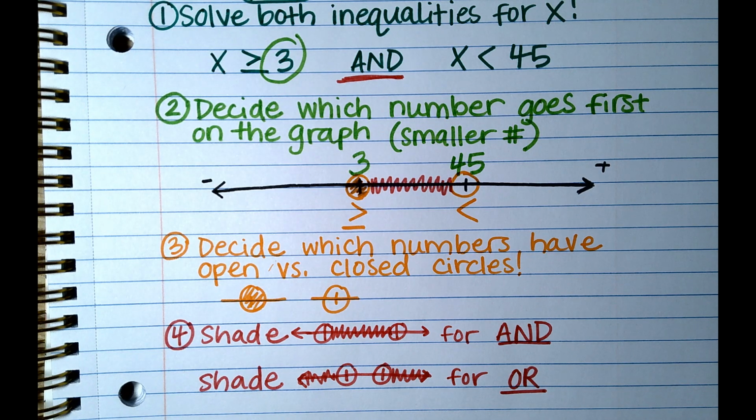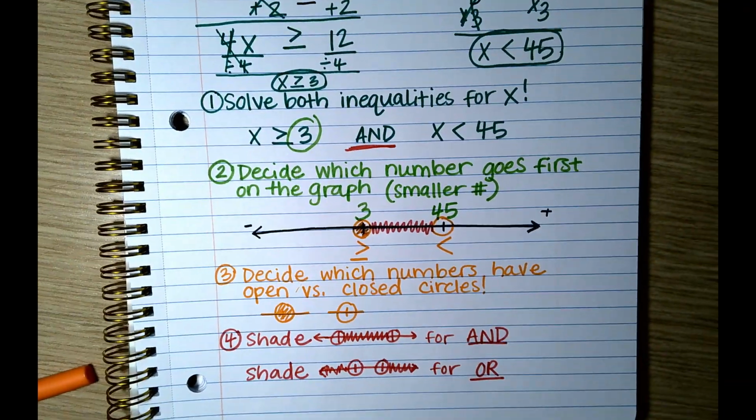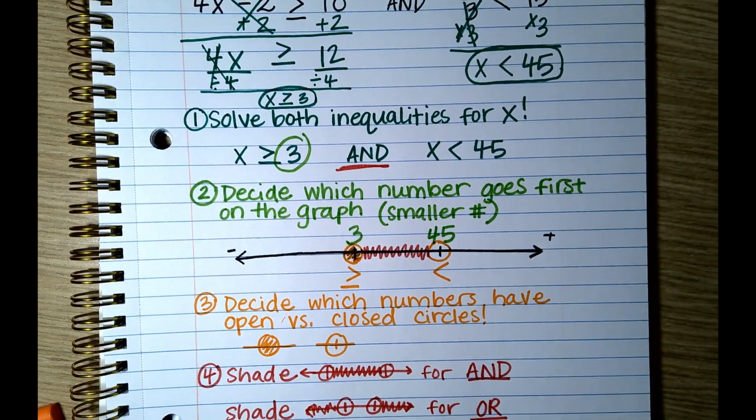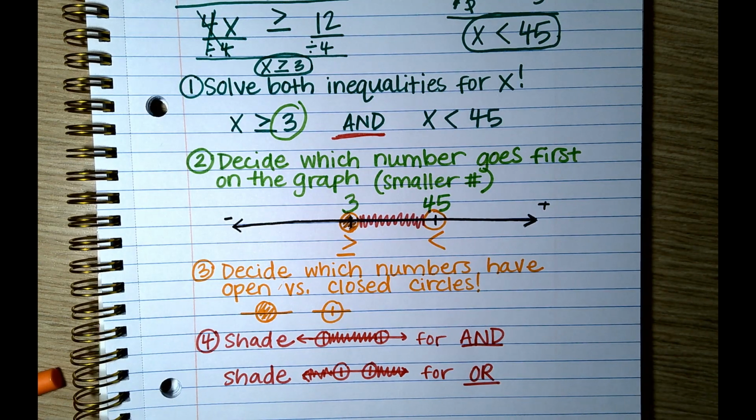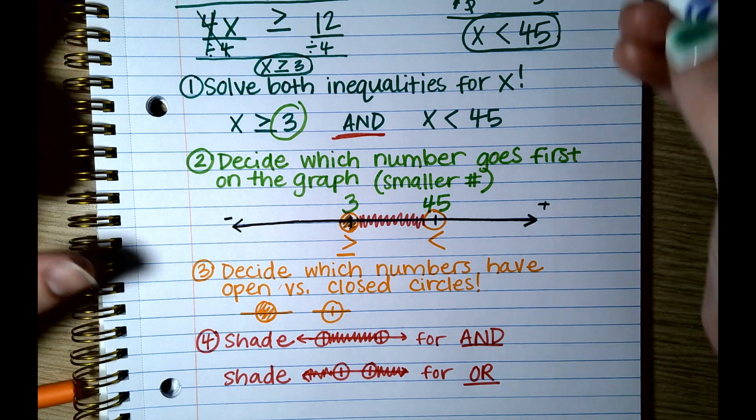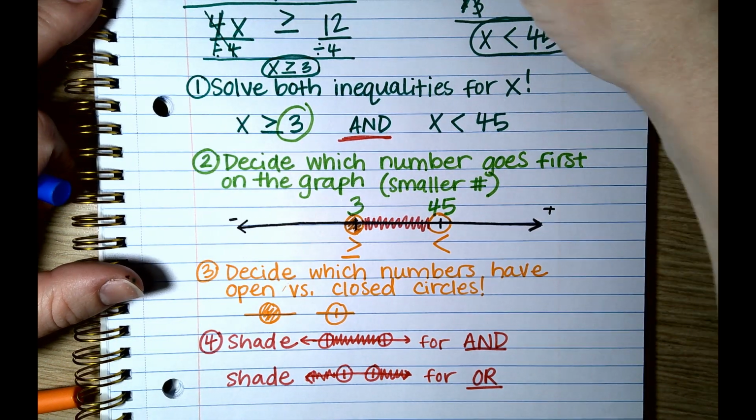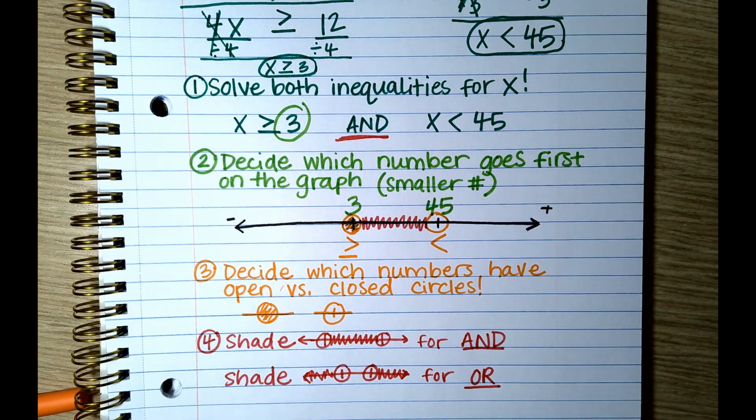Okay. So this is your helper guide for if you ever get to a point where you're trying to solve a compound inequality and you get stuck. Now we've got all the steps written out. So you can go back and see how we did it in the past.